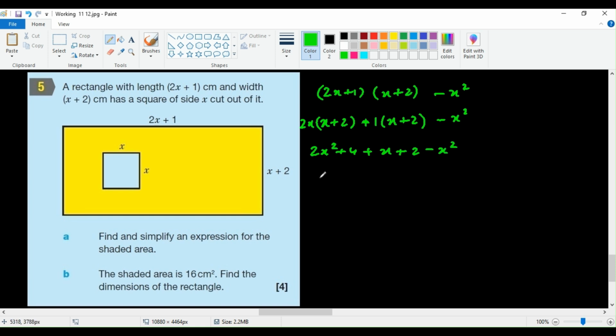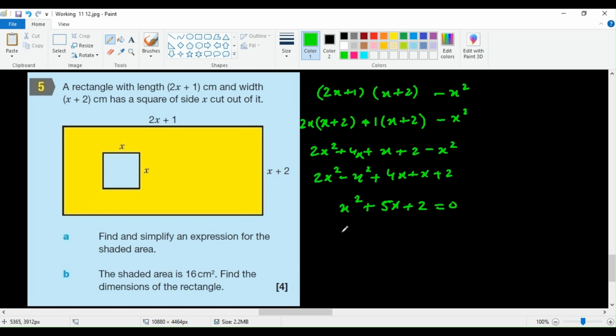So this gives us 2x squared minus x squared plus 4x plus another x plus 2. So these two are going to give us x squared plus 5x plus 2, equals, of course, 0.